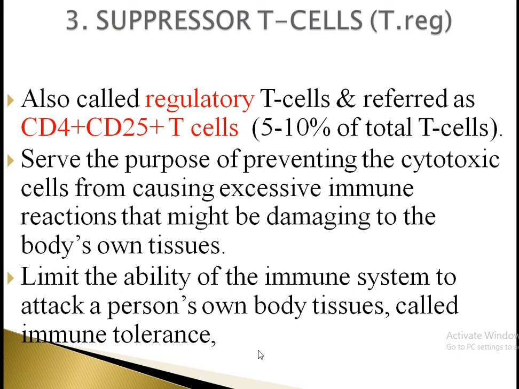The reaction or the steps of killing bacteria by the cytotoxic cell are prolonged, so they may damage the healthy tissue of the body. To prevent that, we need the assistance of suppressor T cells. So they limit the ability of the immune system to attack a person's own body tissues, and that property is called immune tolerance.